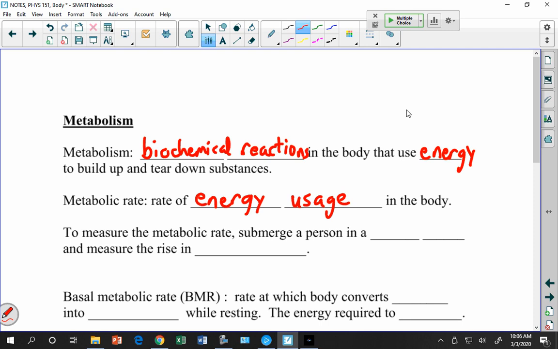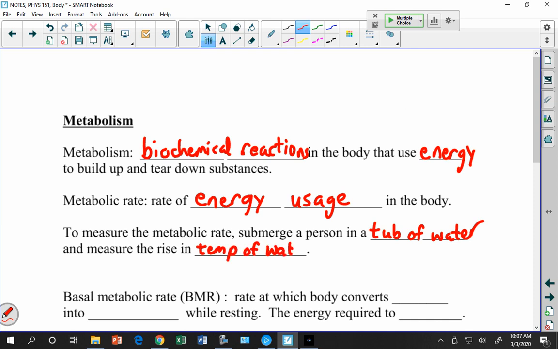I don't know if you've ever witnessed this. I've never witnessed it, I've seen it on YouTube or whatever. But to measure a metabolic rate, you submerge a person into a tub of water and you measure the rise in the temperature of the water.